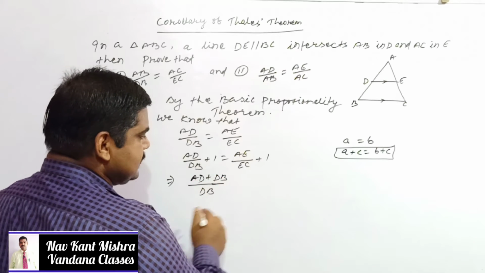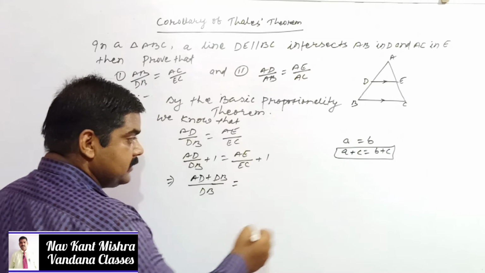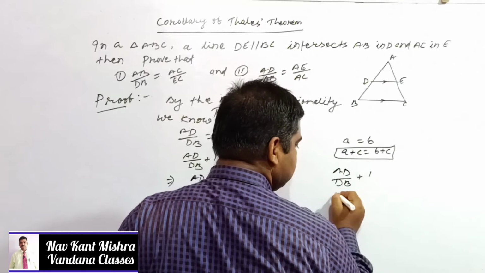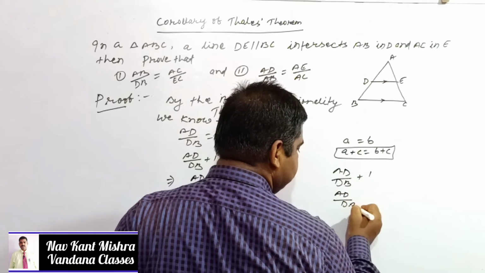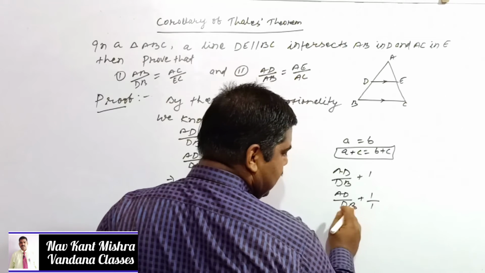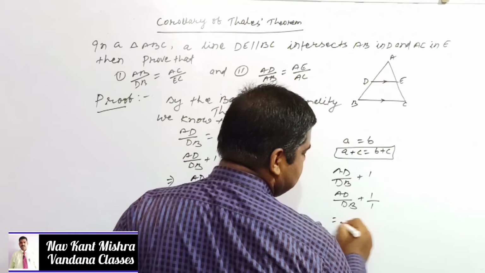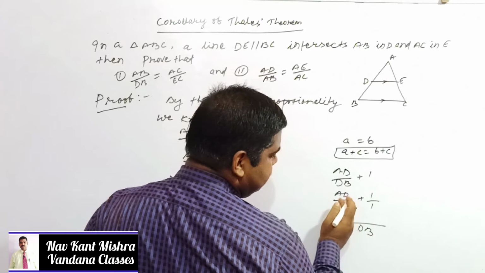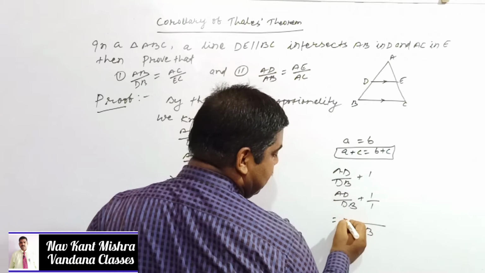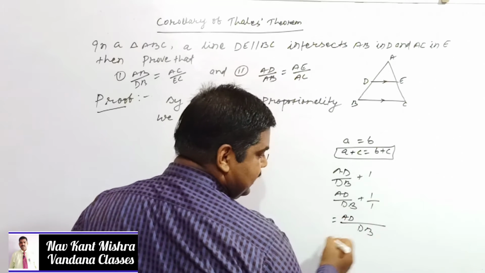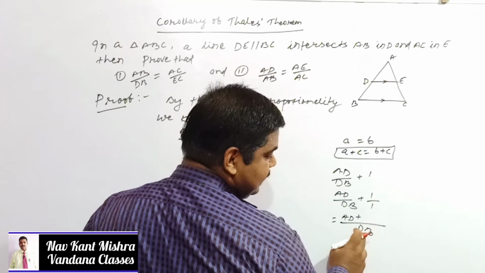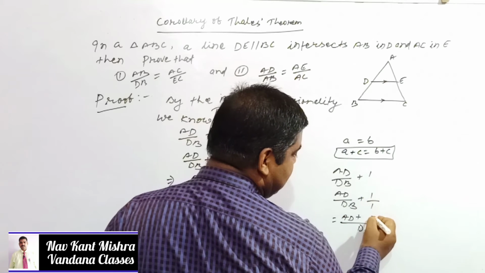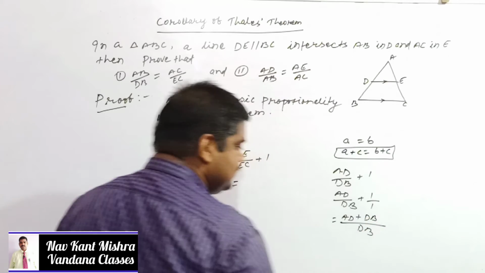AD upon DB plus 1 can be written as AD upon DB plus 1 by 1. The LCM of DB and 1 is DB. When DB is divided by DB we get 1, and when 1 is multiplied by AD the result is AD, plus when DB is divided by 1 the quotient is DB, and when multiplied by 1 the result is DB.